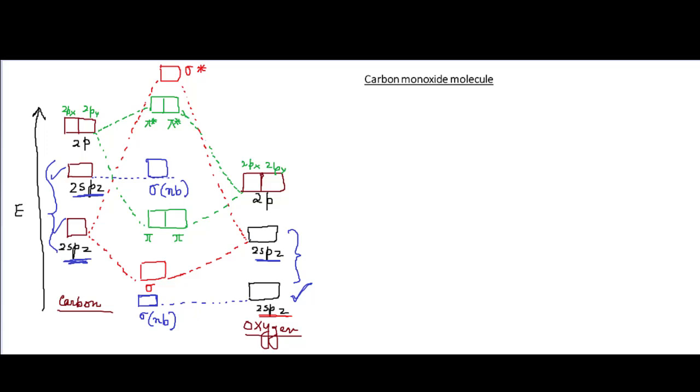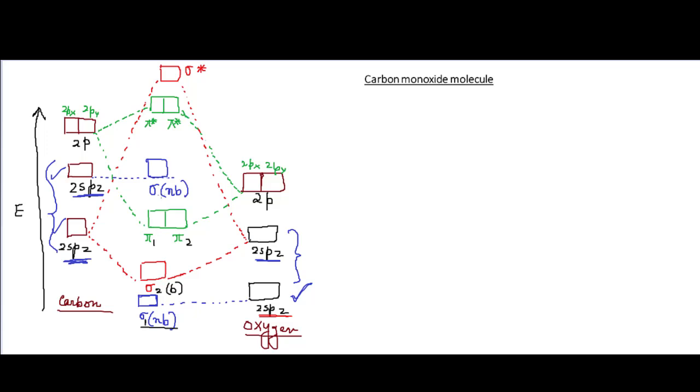Now we will name them in a different manner. Previously we had the nomenclature sigma 1s, sigma 2s, then pi 2px, then sigma 2pz. Now they will simply be named 1, 2, 3, 4 according to the sequence of their energy. Starting from here, this one is sigma 1 non-bonding, then comes sigma 2 which is bonding, then pi 1 and pi 2 which are again bonding.